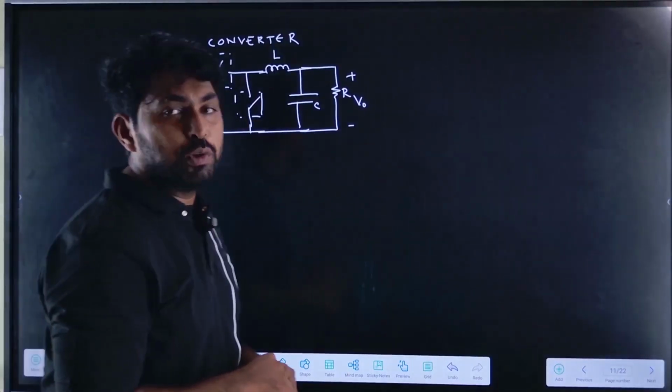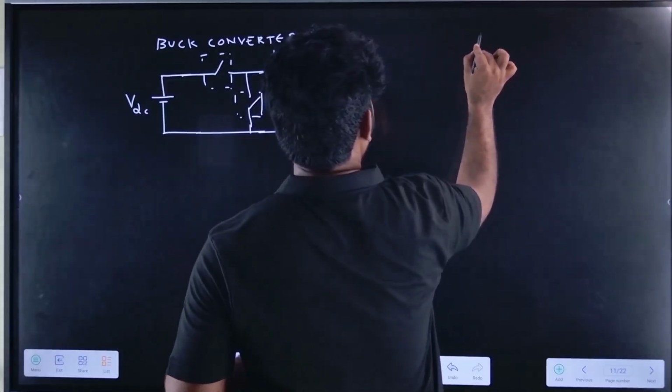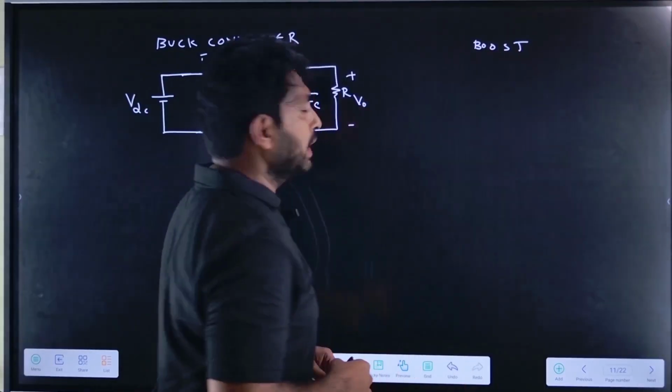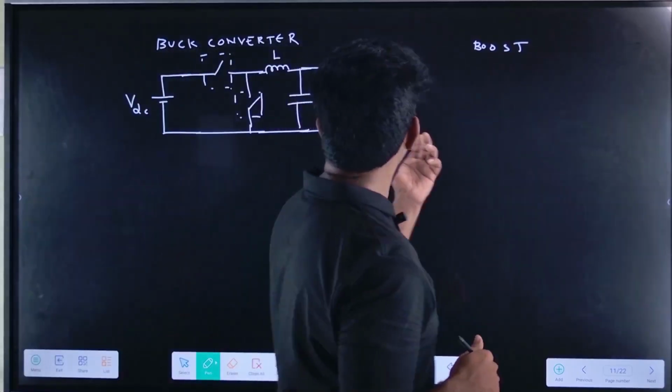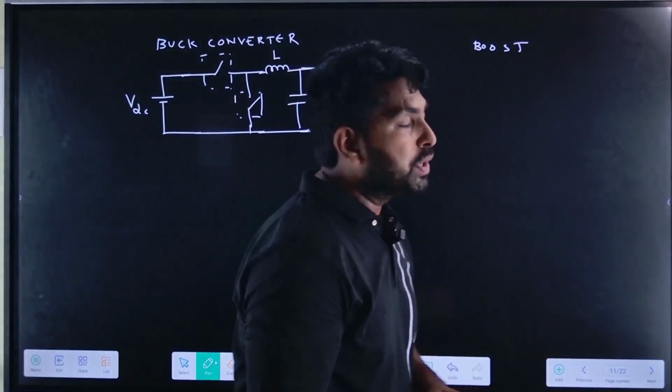So how can we draw the boost converter? Let me draw the boost converter here. What is the boost converter principle? If the inductance is connected on the source side, we can call this a boost converter.